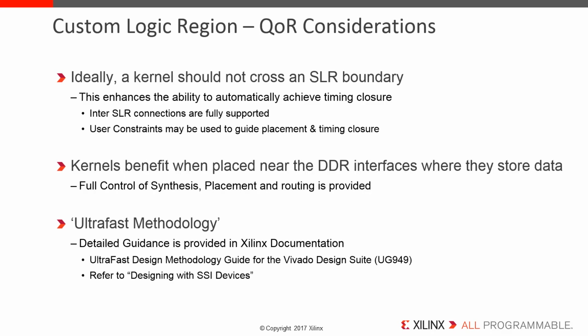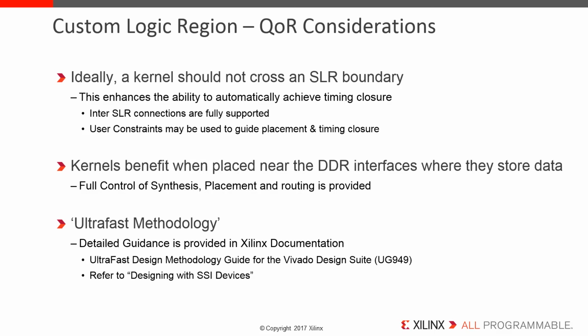Now that we understand the device at the heart of the F1 instance, we can already review some of the recommendations for the kernels. When designing on the F1 instance, it's advantageous if the kernels fit inside one SLR. This prevents logic being implemented across super long lines. It's also advantageous if the logic which accesses the data in a particular DDR bank is implemented near that particular DDR interface.